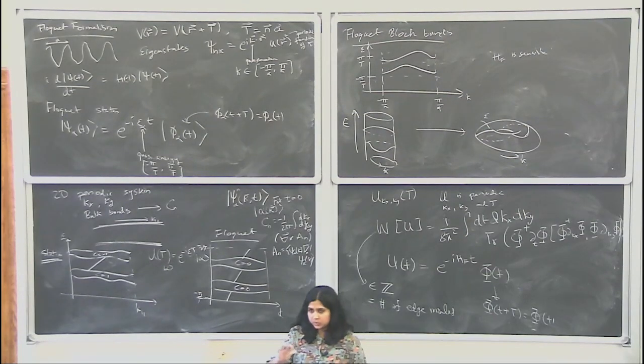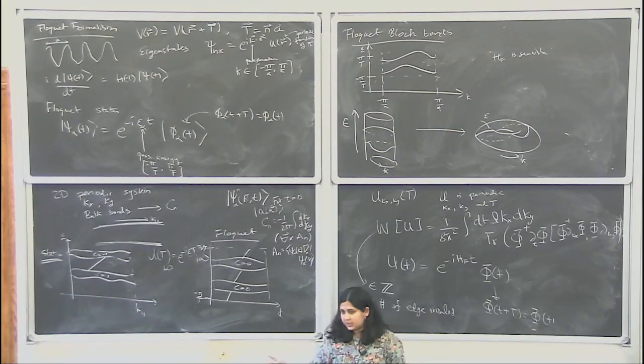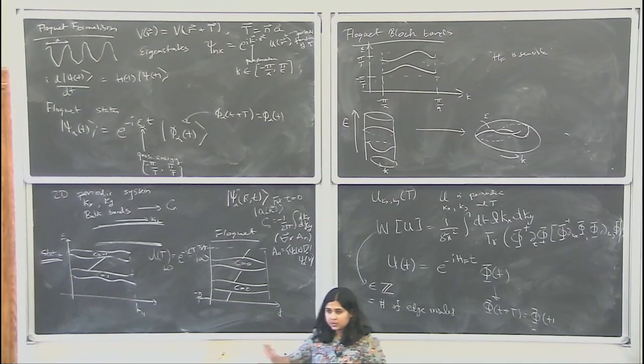I'll come to the repeated zone scheme that you're talking about in a second. You can ask the same question if you just have periodicity in space. You can think about your system as living within the first Brillouin zone, or you can think about the extended zone scheme where everything is defined mod omega. That's the same spirit in which this is happening.